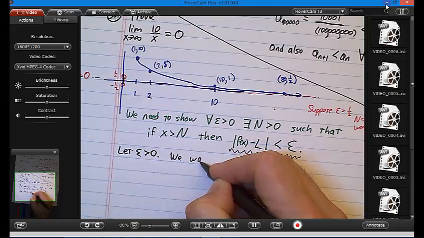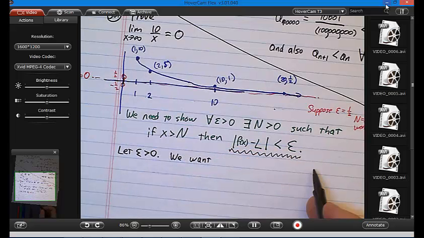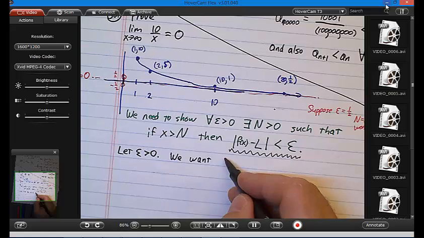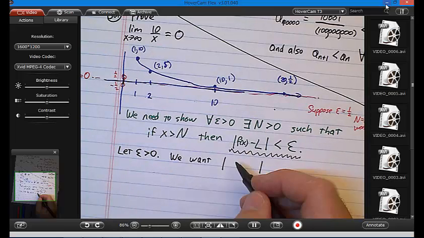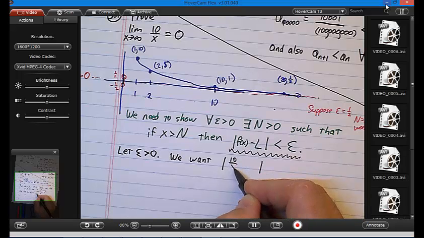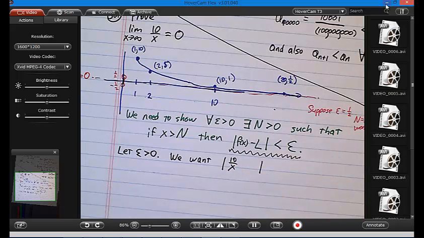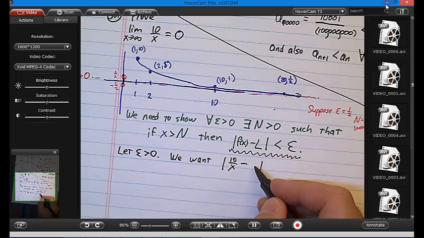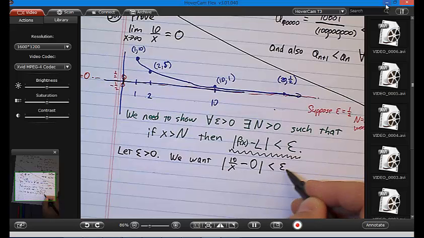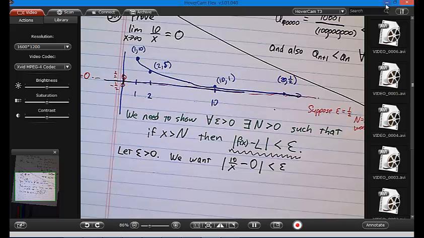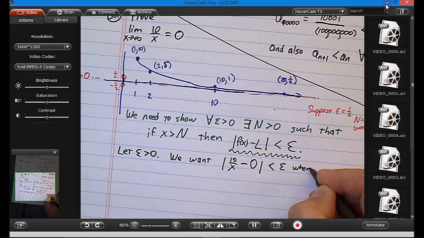We want, now let's fill in this piece. Absolute value of, now what's my f of x? It's 10 over x, right? Minus 0 to be less than epsilon. Now here's why the book writes whenever. Whenever what happens?